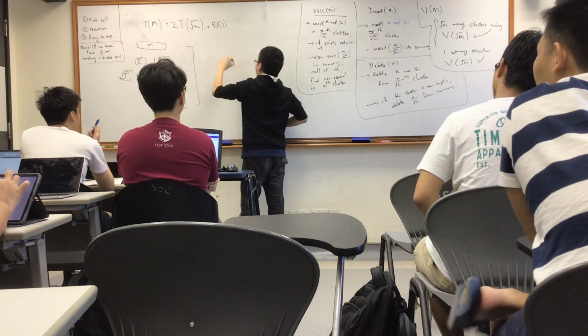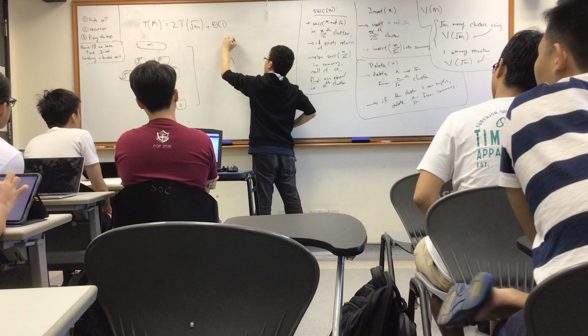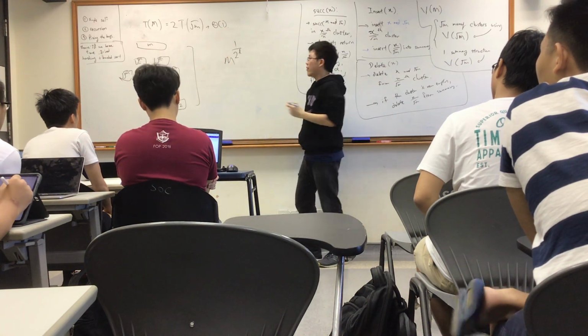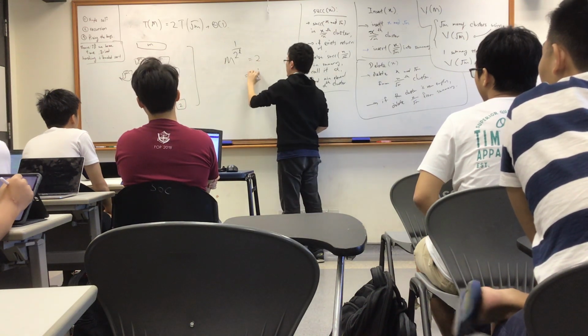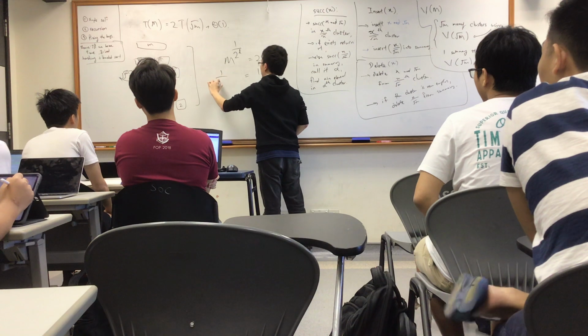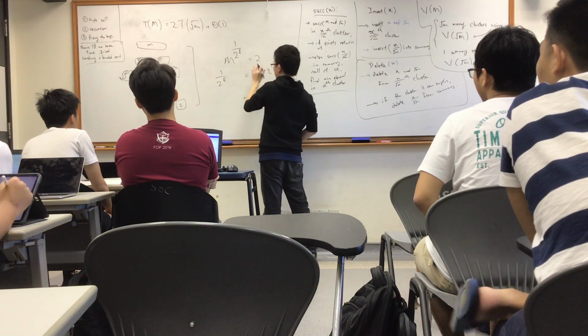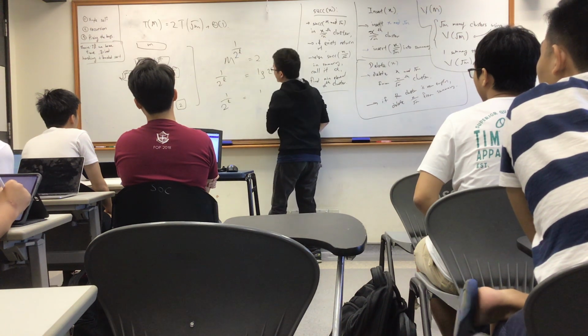But how do you get it? Remember, I stop when it's 2, right? So I'm doing M to the power of 1 over 2 to the power of, let's say, the number of levels, let's call that L, and then this is 2, right? So if I take a log, that brings it down to this, and then, let me shift it around a bit, this guy is actually just 1, so this is equal to 1 over 2 to the L. Did I do it correctly?